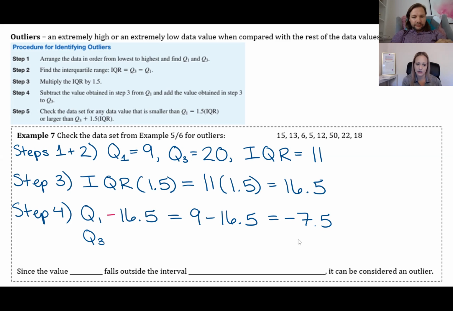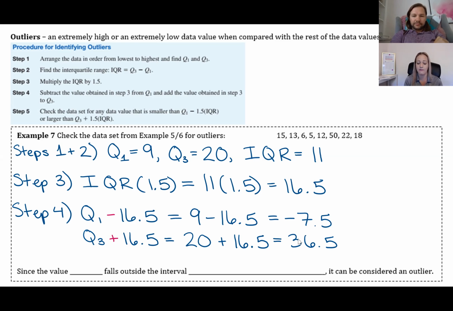That gives you a lower bound and an upper bound on the acceptable values for your data set. Q1 was 9, so 9 minus 16.5 comes out to be negative 7.5, and Q3 was 20, so 20 plus 16.5 comes out to be 36.5. So that's your range of values.